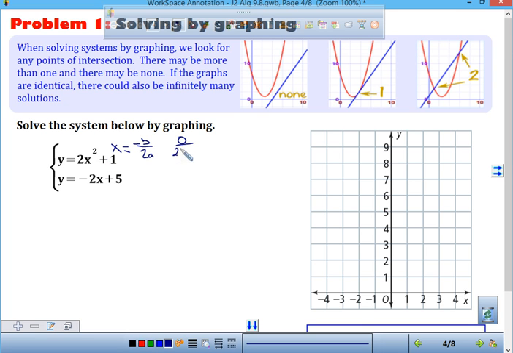Then 2 times 2, so you have 0 over 4, and 0 divided by anything is 0. So 0 is the x-coordinate of our vertex. How do I find the y-coordinate? 0 squared is 0, 0 times 2 is 0, plus 1 is 1. So that's our vertex, and we can graph it at (0, 1).